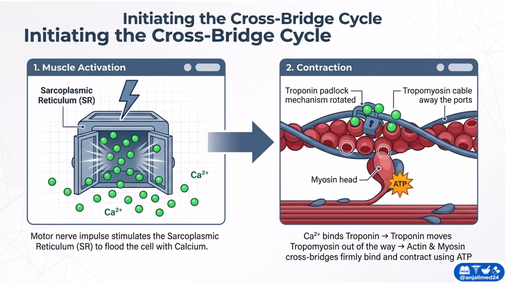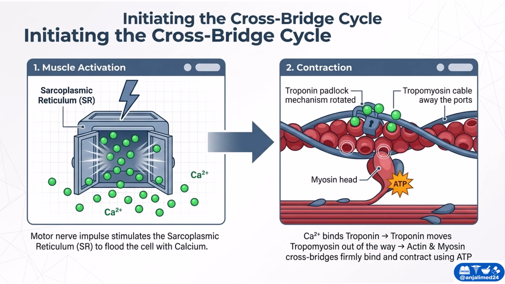The released calcium ions bind to the troponin, which acts as the regulatory sensor protein. This binding changes the shape of the troponin complex. As the troponin changes position, it pulls tropomyosin away from the actin filament. At rest, tropomyosin blocks the active binding sites of actin. But once the calcium binds, those binding sites become exposed. This is the critical activation step.